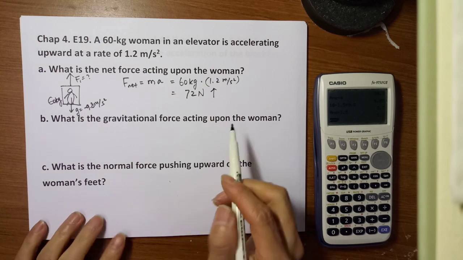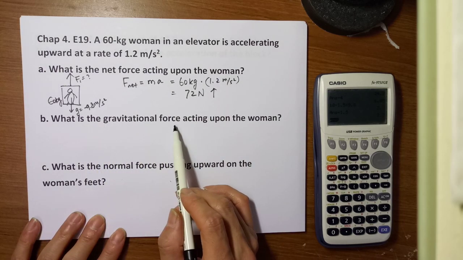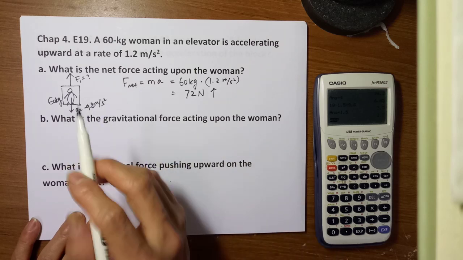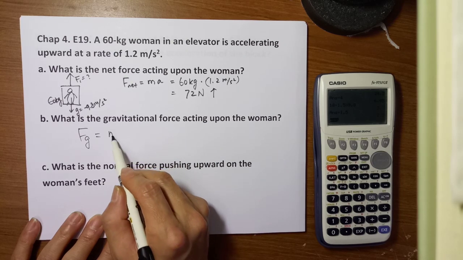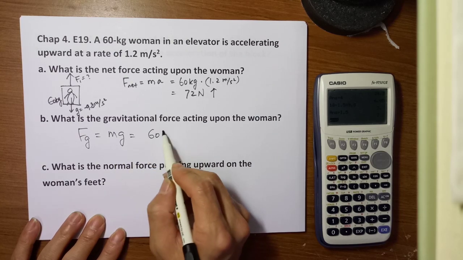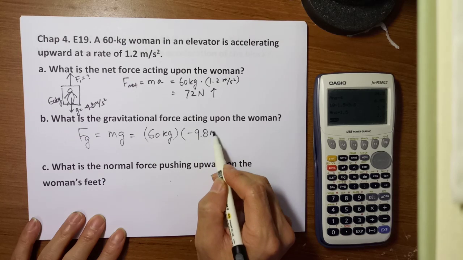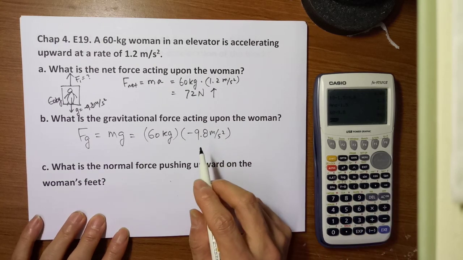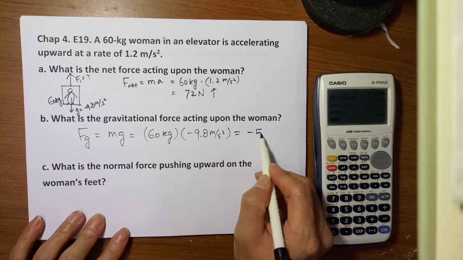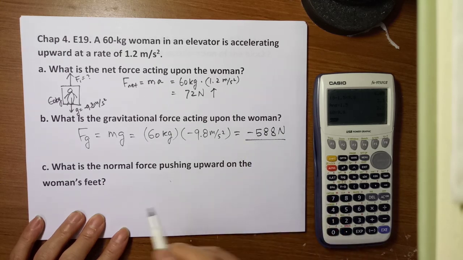Then you can find the gravitational force acting upon the woman, Fg or Fw as weight, mg, which is 60 kilogram times negative 9.8 meter per second square, equal to negative 588 Newton. Negative means downward.